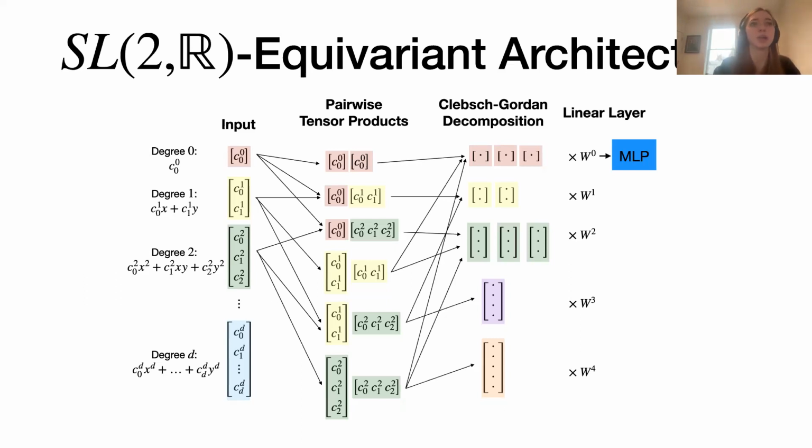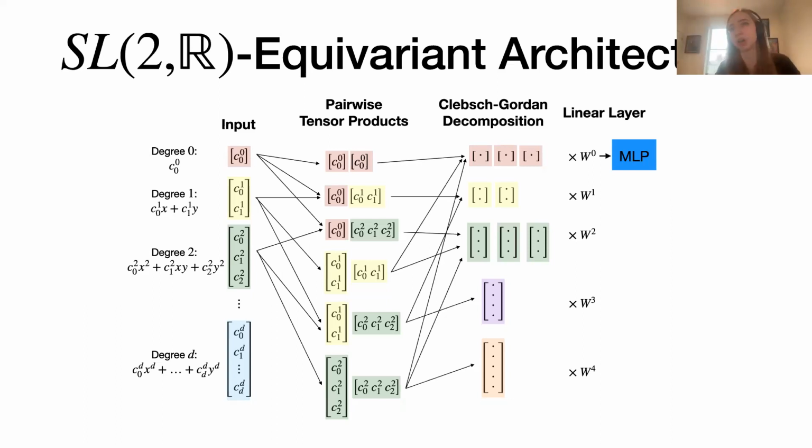So as input, we have a polynomial. Let's separate it out into the different degree homogeneous parts. And in fact, now we have different vectors that live in different irreducible representation spaces of SL2R. As our nonlinearity, we take tensor products between all of these, like every possible pair of vectors, and then we use the Clebsch-Gordan decomposition to basically linearly decompose these pairwise tensor products back into the vector spaces of the different degree homogeneous polynomials.